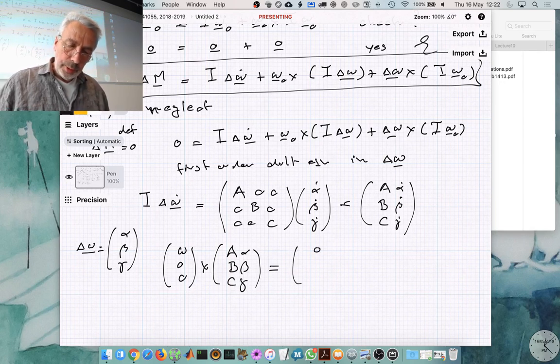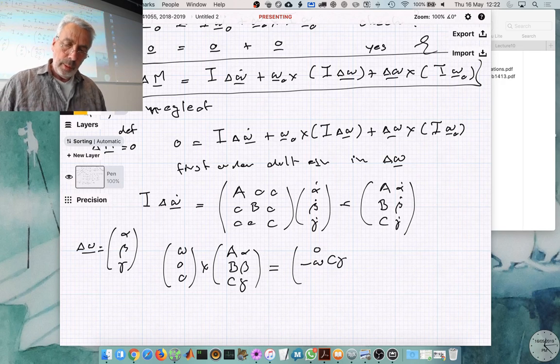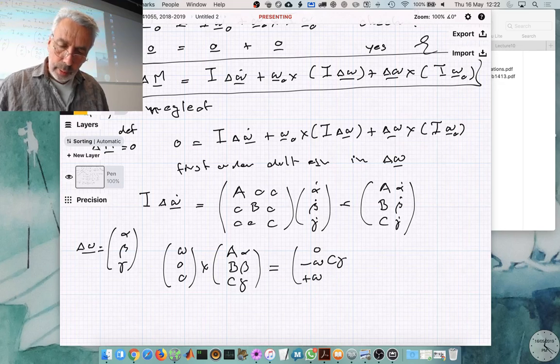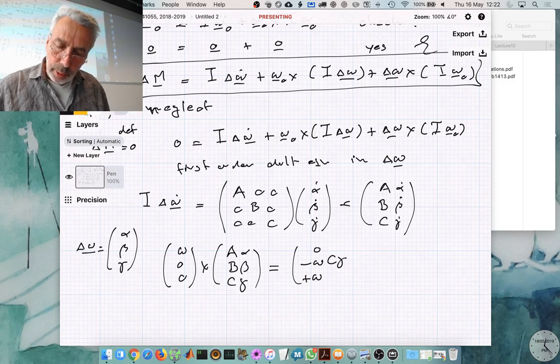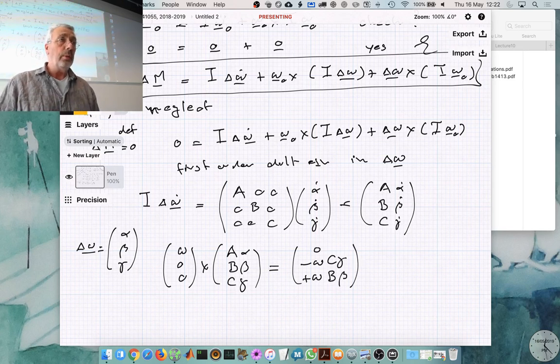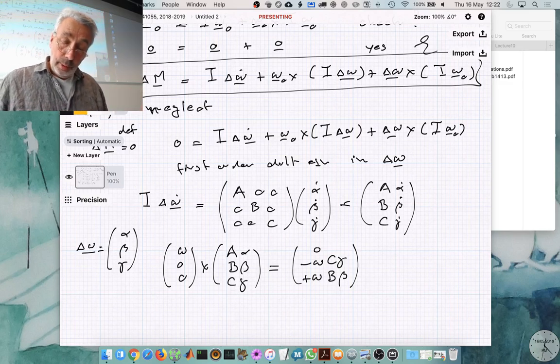The second is minus omega C gamma. And the last one is plus omega B beta. Mind you, gamma and beta are speeds. Very confusing. Don't want to write too much. Okay, so this part is resolved.